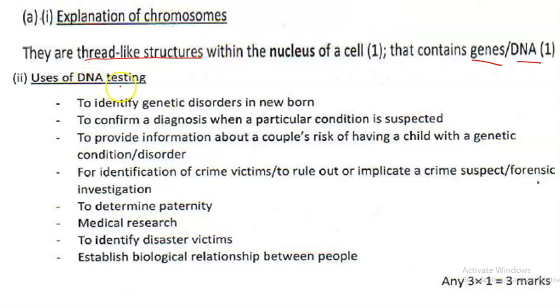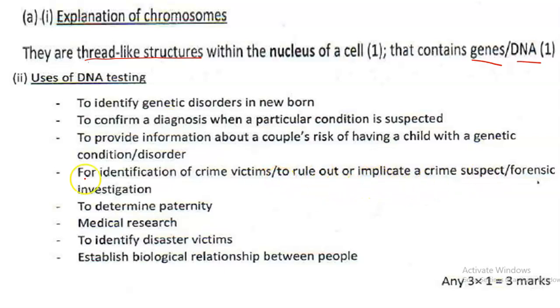Now, uses of DNA testing. 1. To identify genetic disorder in newborn. To confirm a diagnosis when a particular condition is suspected. To provide information about a couple's risk of having a child with a genetic condition or disorder. Identification of crime victim, or to rule out or implicate a crime suspect.